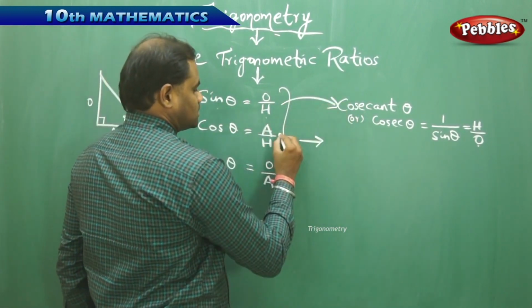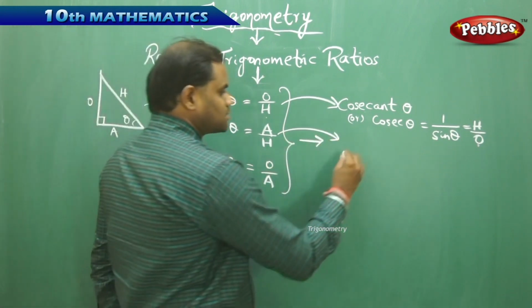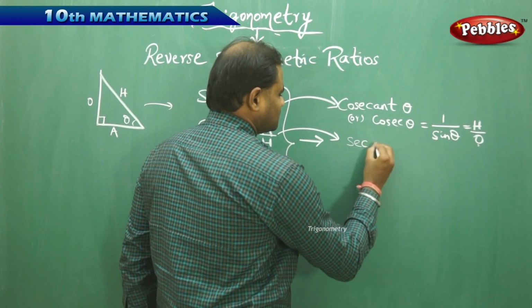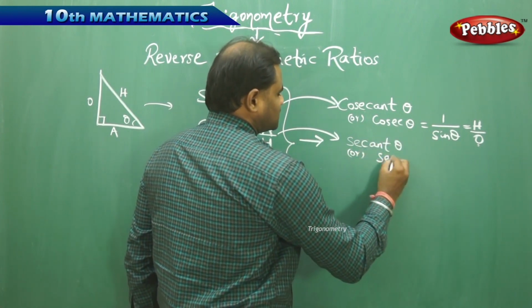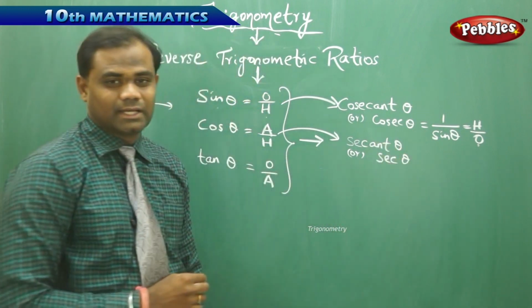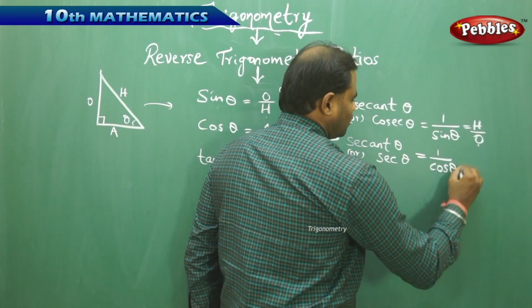Then secondly, cos theta when reversed gives me secant theta, or sec theta. The short form of secant theta is sec theta, and this is nothing but the reciprocal of cos.